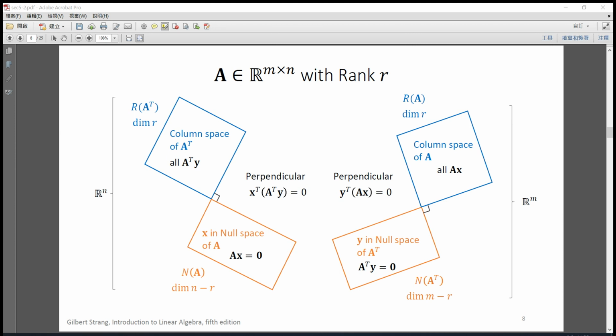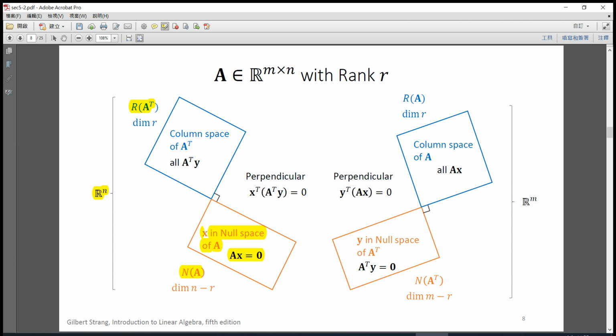I will use the figure on page 8 of the slides to summarize the results we have learned so far. Note that the null space of A and the column space of A transpose are both in Rn. By the fundamental subspaces theorem, the null space of A and the column space of A transpose are orthogonal complements of each other. If x is in the null space of A, then x satisfies Ax equals the 0 vector.